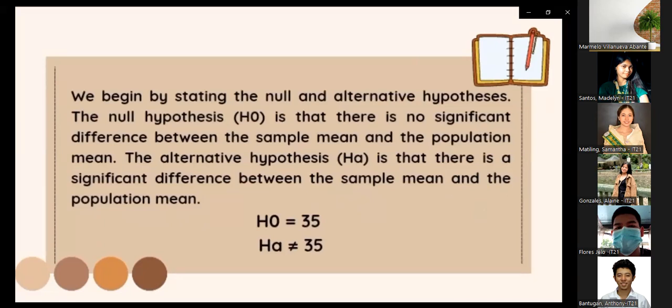We begin by stating the null and alternative hypotheses. The null hypothesis is that there is no significant difference between the sample mean and the population mean. The alternative hypothesis is that there is a significant difference. The null hypothesis is mu equals 35, and the alternative hypothesis is mu not equal to 35.